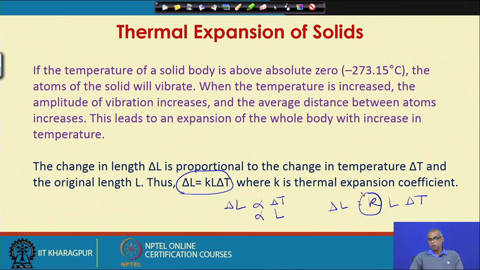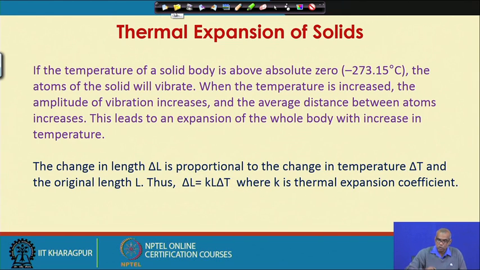Different solid materials have different thermal expansion coefficients. So, given the change in temperature and the original length of a solid body, if I know the thermal expansion coefficient, I can find out what will be the change in the dimension upon change in temperature.